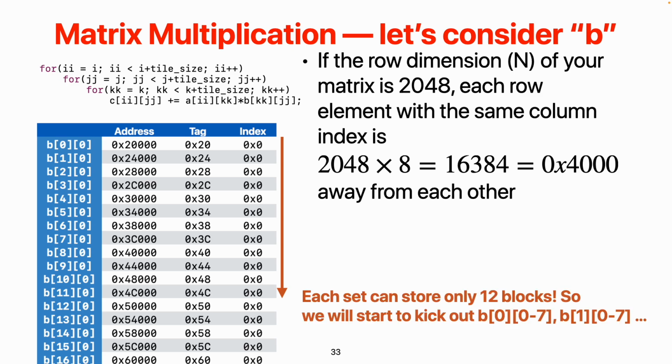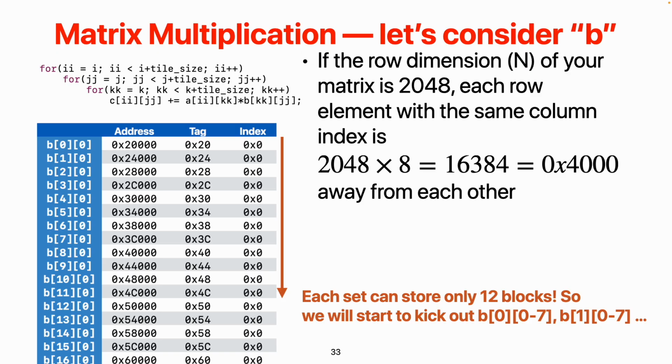And it's really bad at this point, because simply 12 elements will create 12 blocks that go to the same set, and that will clear up almost everything in the same set later on. And the capacity of the cache is still a lot. So 32 is actually a bad choice in this situation, because you are going to suffer a lot of cache misses on B, even though you have pretty low cache misses on A and C.